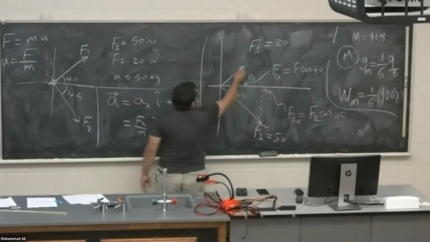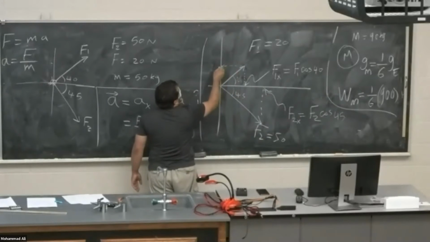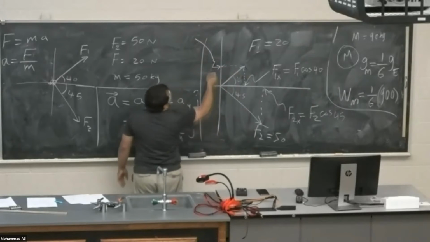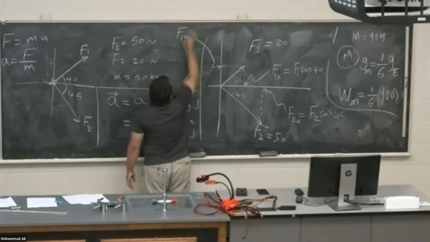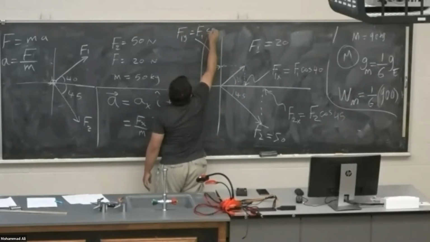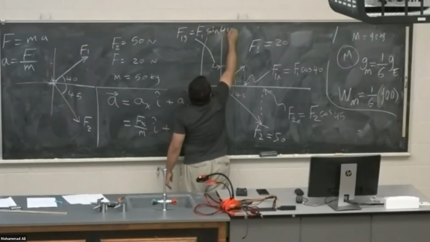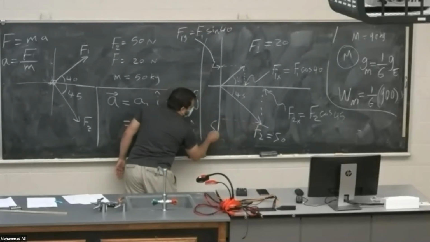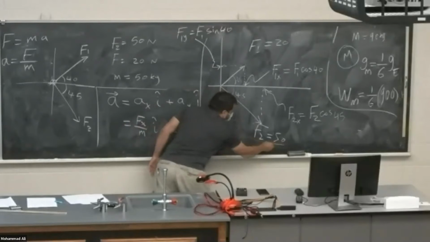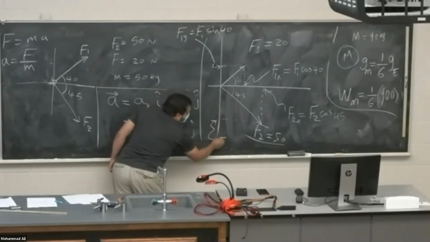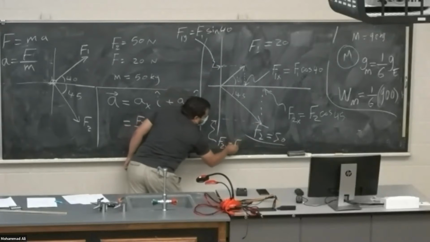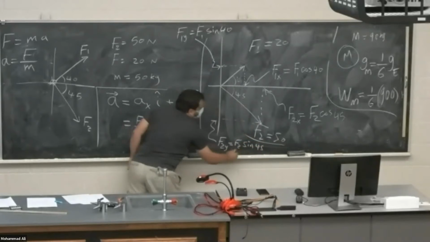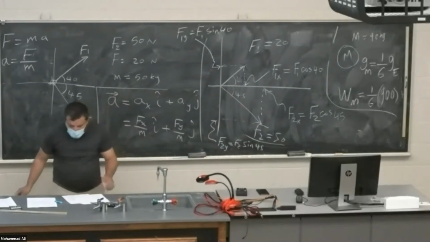What about the y force components? This is F1y, which is equal to F1 sine 40. What about this? It is F2y, which is equal to F2 sine 45, right? I think the answer is right.